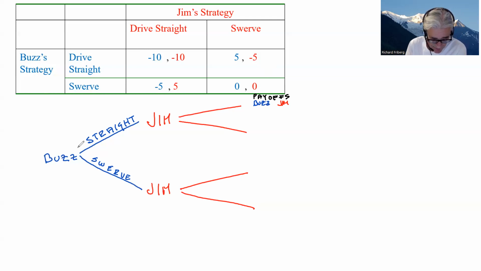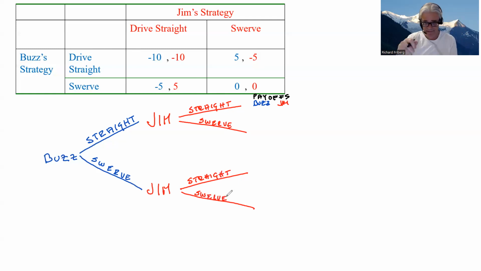Okay, so if Buzz has driven straight and Jim has also driven straight, I should write these, straight or swerve, straight, swerve.